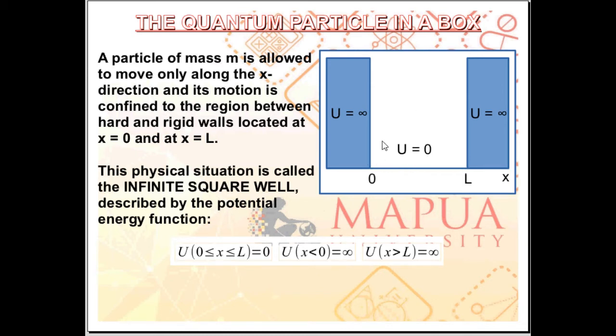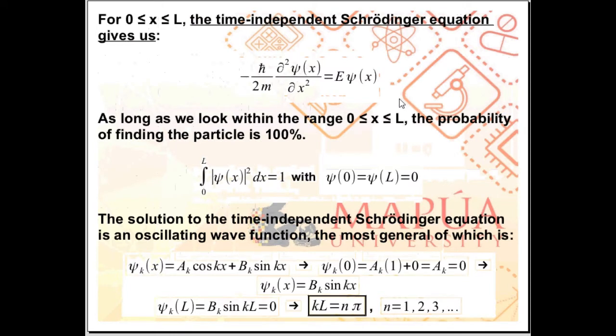Since within this region, x is equal to 0 to x is equal to L, the particle is allowed to move freely, U is equal to 0, we have a free particle. And for a free particle, we can use the time-independent Schrodinger equation.